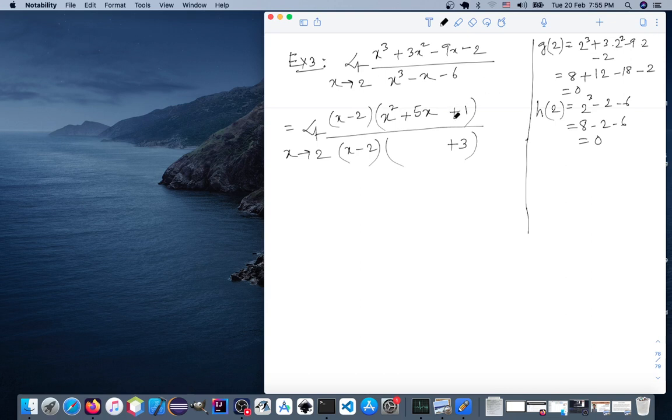So it's fine. Similarly, for the denominator, we must have x square. So x cube, we are having minus 2x square.